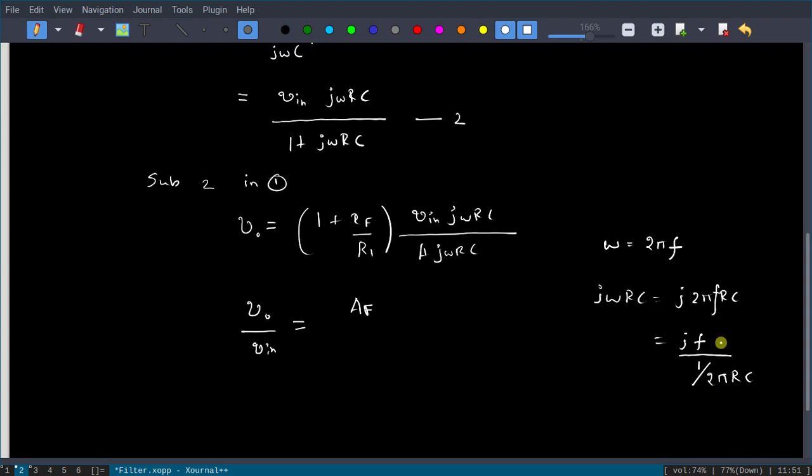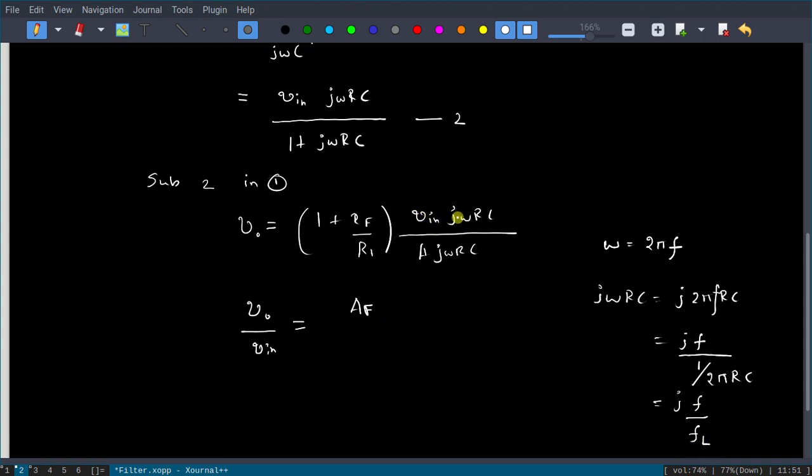So this will go to the numerator and you will get the same. So this I can again replace jf divided by this one, I will write it as fL. Since it is a high pass filter, the cutoff frequency we will call fL. We will see while we plot the graph why it is fL.